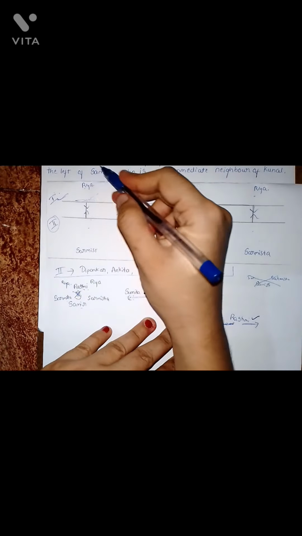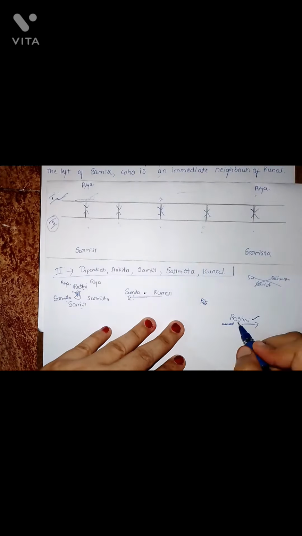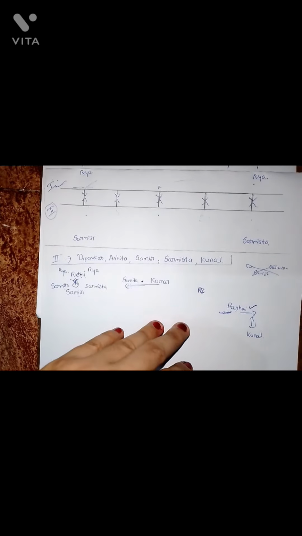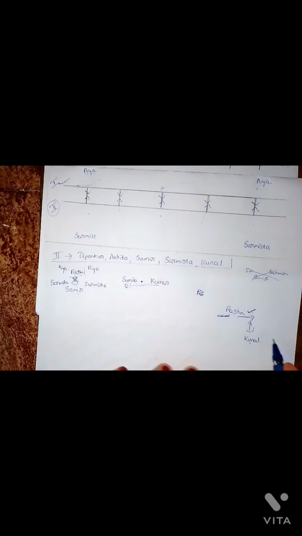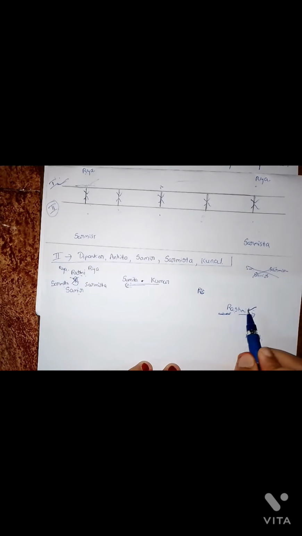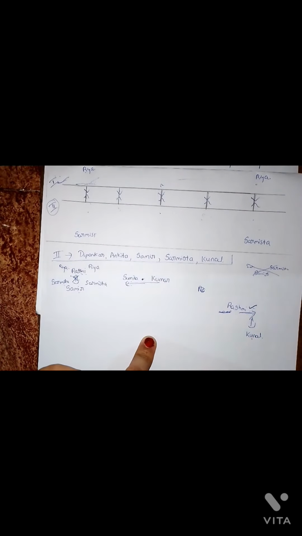Kunal faces the one who sits immediate left of Rashmi. You have to observe very carefully. Rashmi's immediate left means that side. Our right is Rashmi's left because she is facing south. Okay, so next one.